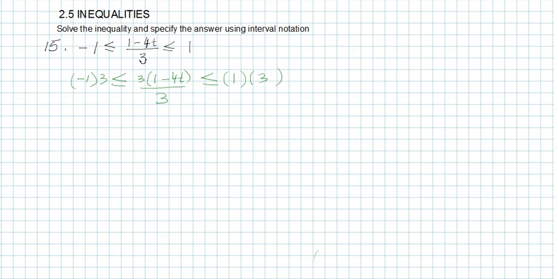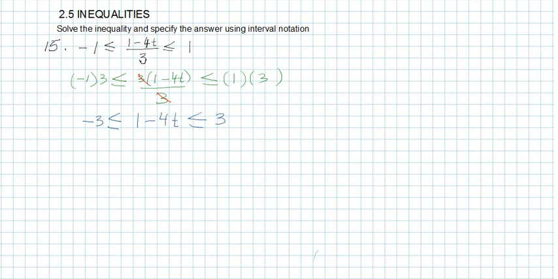Now my goal was to start isolating the t. So now what I have is negative 3 less than or equal to 1 minus 4t less than or equal to 3. Now my next goal is to isolate just the negative 4t.